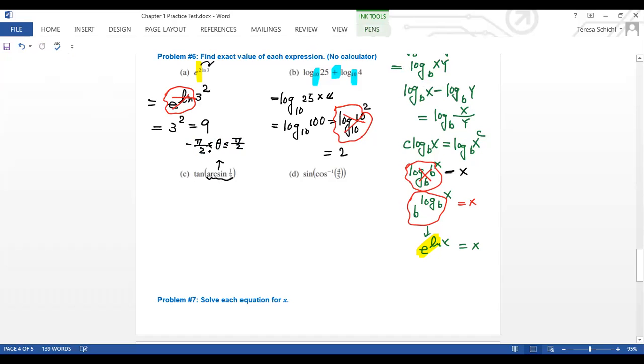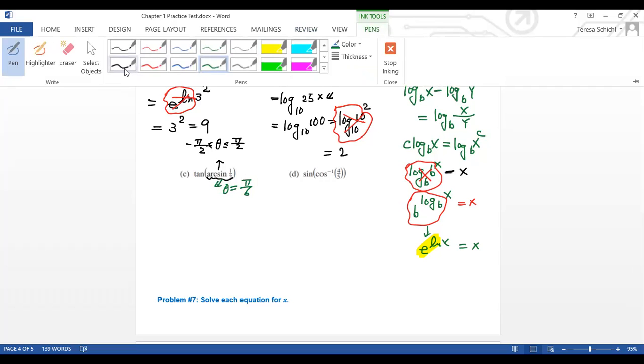So what angle will give a sine of 1/2? The angle is what? 30 degrees or pi over 6, correct?